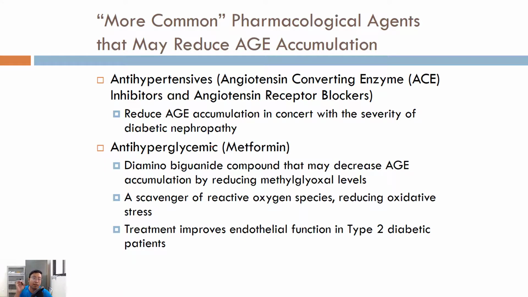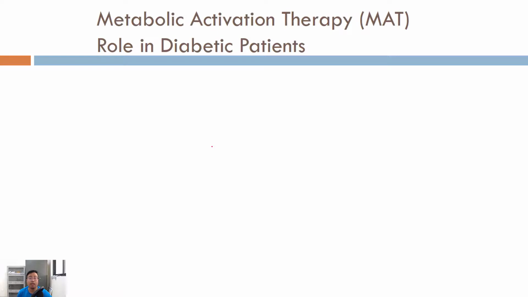They have been shown to have a synergistic effect along with anti-hyperglycemic agents such as metformin, which is a biguanide. They synergistically scavenge AGEs, help in reducing AGE formation, and have shown a significant promising role in improving endothelial function in type 2 diabetic patients.